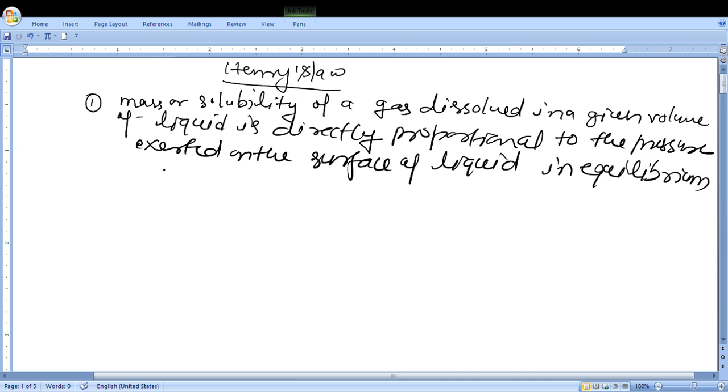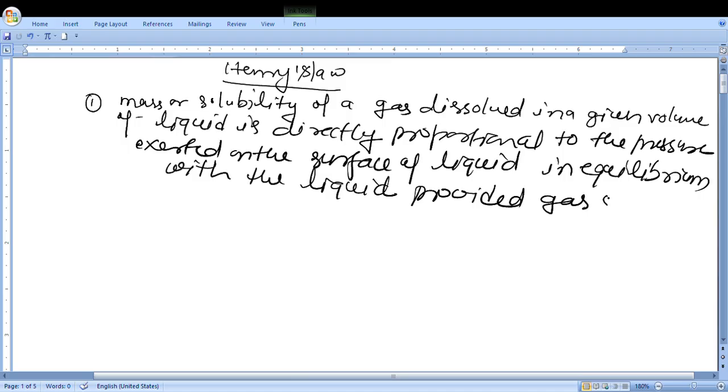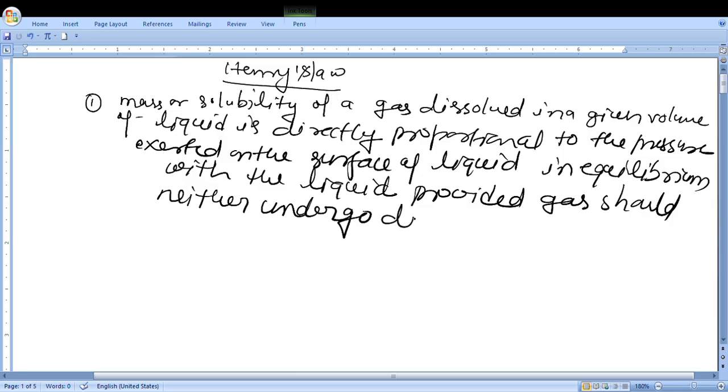In equilibrium with the liquid, provided the gas should neither undergo dissociation nor association.